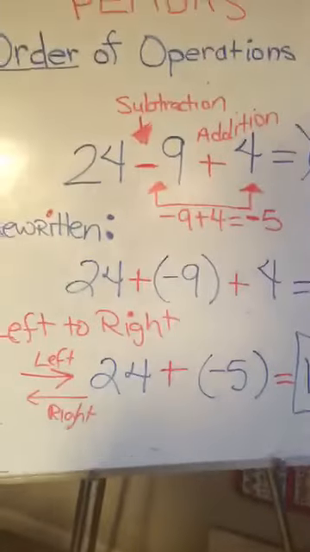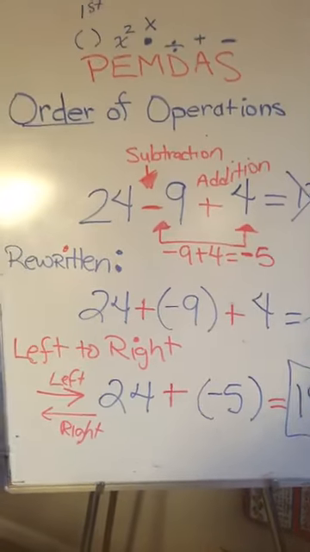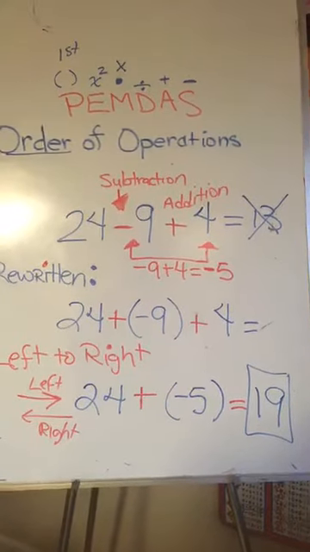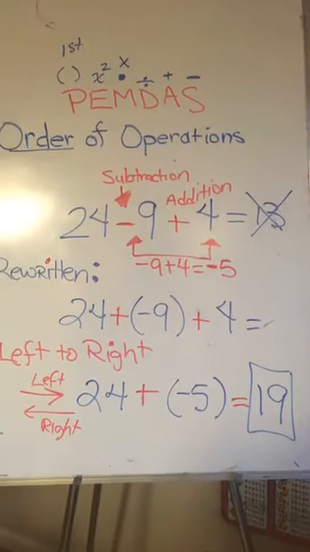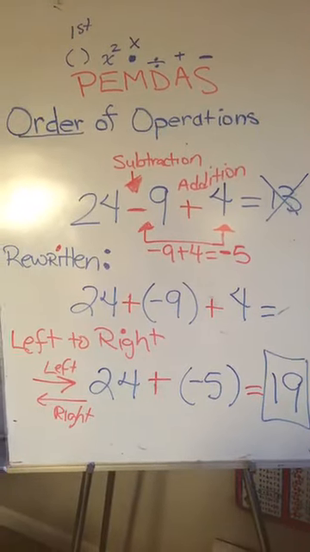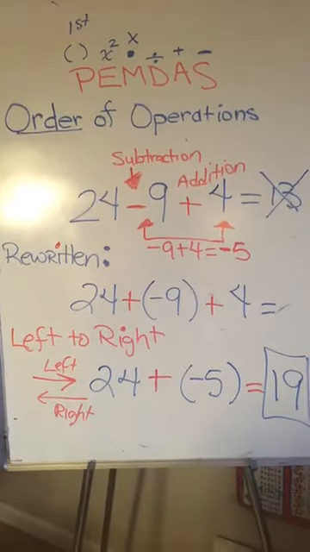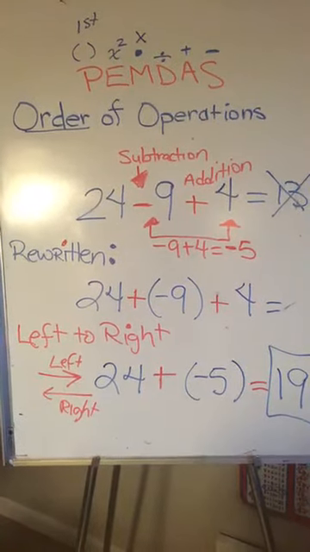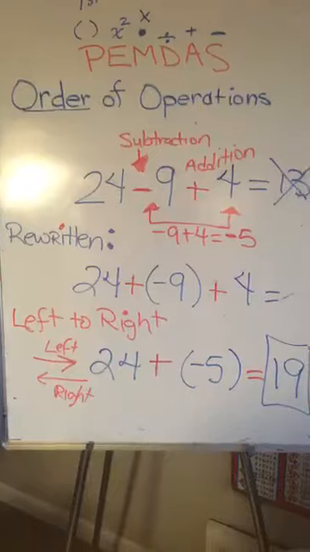And as the rule says, left to right, 24 plus a negative 5 is 19, okay? And if you did 24 minus 9, when you get that answer plus 4, you would also get 19.